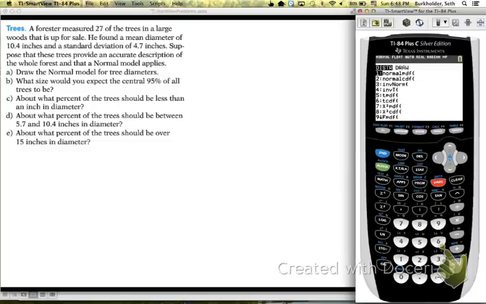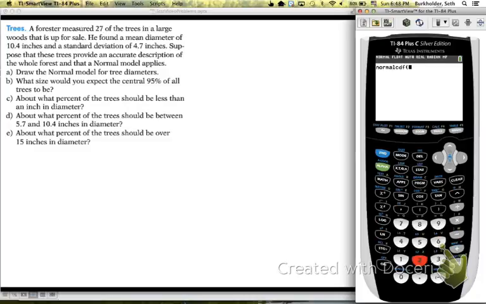So we hit second, then vars, and now we're going to choose the normalcdf command, which is the second option. You can either press 2 or press the down arrow, either one. And for some reason I can't press the down arrow. There we go. I'll just hit 2.